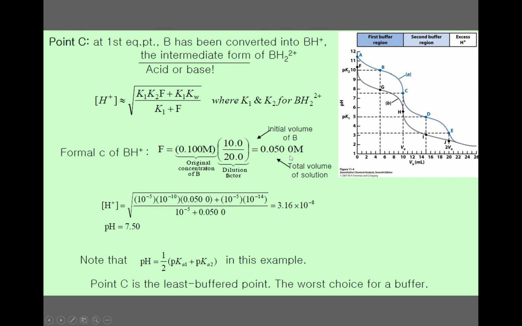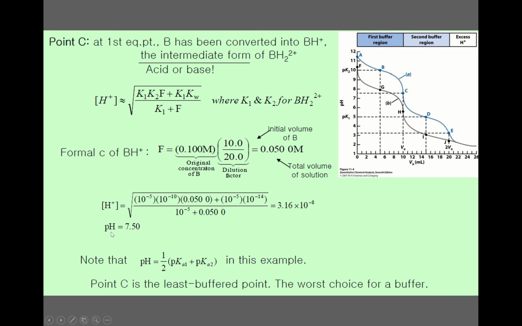We insert this number into the equation. The proton concentration is given by this equation, where K1 is 10 to the minus 5, K2 is 10 to the minus 10, F is 0.05, and Kw is 10 to the minus 14, divided by K1 plus F. This value is 3.16 times 10 to the minus 8.